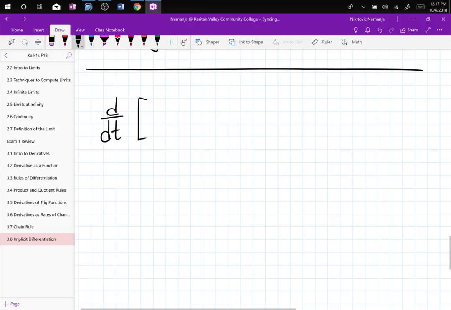Okay. Let's do one more of x. We'll do 2 more examples. Let's do this one first. ddx of 4x squared plus xy is equal to y cubed.